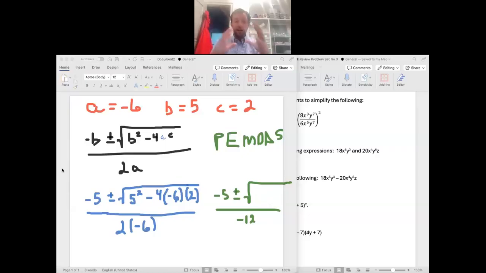So when you're inside the square root, apply the order of operations. 5 squared is first, 25, minus 4 times negative 6 times 2. But we can simplify that part down to what? 24 times 2 is 48.